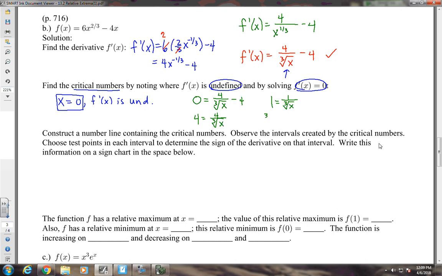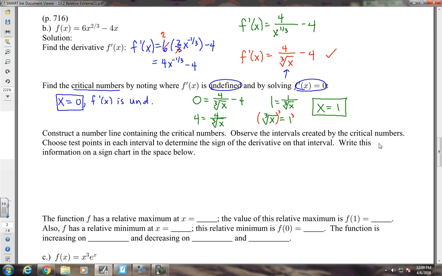When we multiply both sides by that denominator, cube root of x, we end up with cube root of x equals 1. Now to finish out, let's raise both sides to the 3rd power, and we end up with our other critical value, x equals 1. So it looks like we have 2 critical numbers. 0, where the derivative is undefined, and 1, where the derivative is equal to 0.